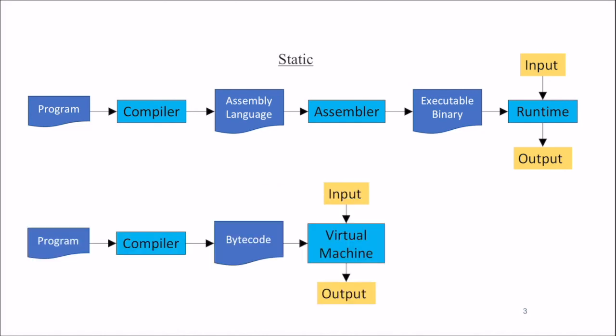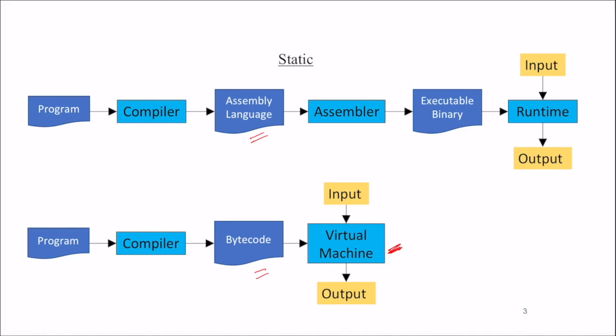Another cousin of the compiler is a compiler that, instead of generating assembly language, generates what's called bytecode. Bytecode is very similar to assembly language, but it's not for a machine that actually exists. So it's a highly abstracted form of device called a virtual machine.